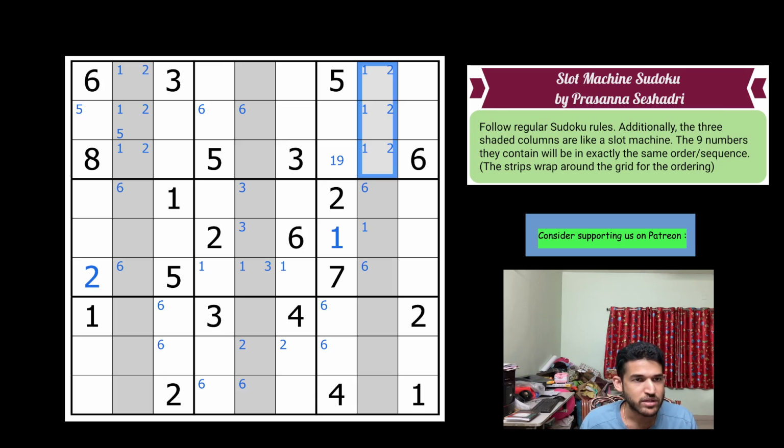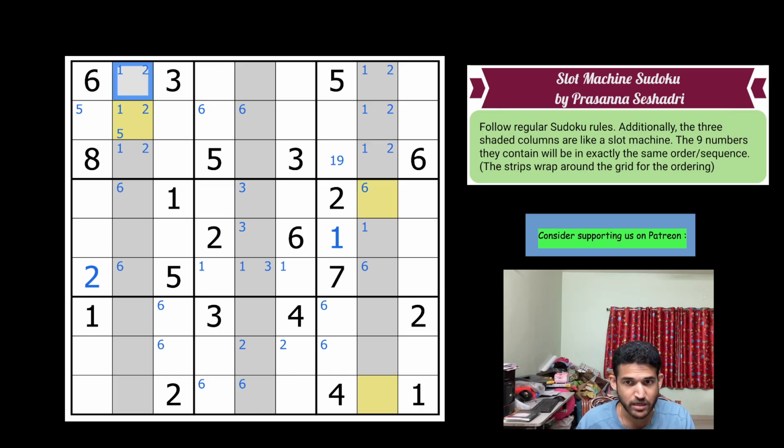Now, if I have a 1 or a 2 here, then my 1 or a 2 in this slot machine, let me highlight this cell. I'll show you what happens. Let's highlight this yellow. If this cell is 1 or a 2, then in this slot machine, that yellow cell has to be either here or here, right? It can either be moved down by 2 cells, or it can be moved up.